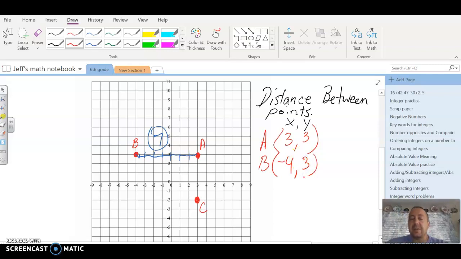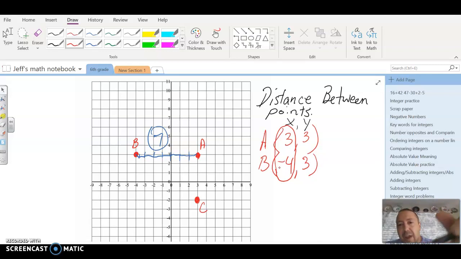Now, if I want the distance between 2 points that are horizontal from each other, which is the case between A and B, then I'm going to use the x coordinates only. The reason why we do that is because the y's are the exact same number.